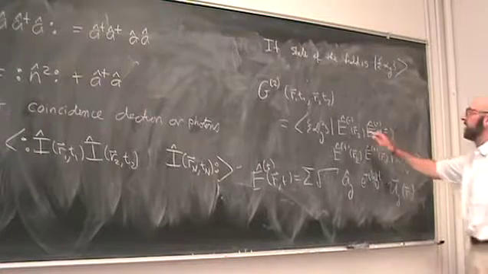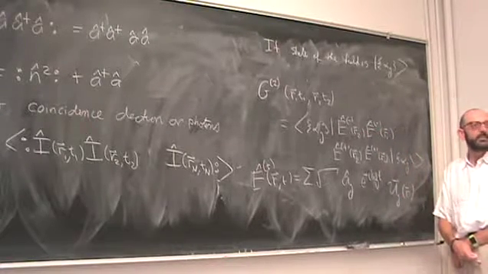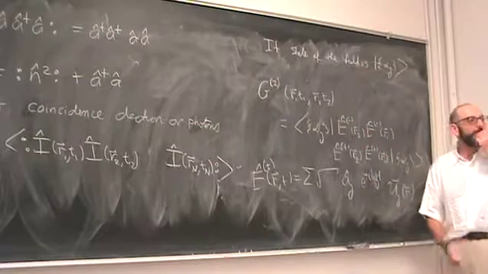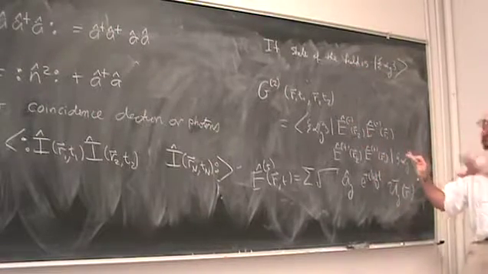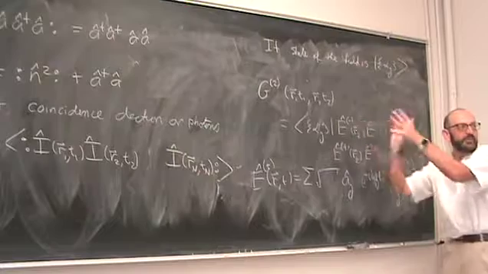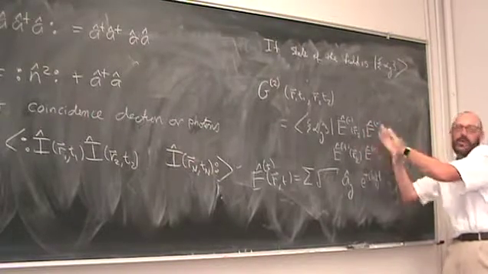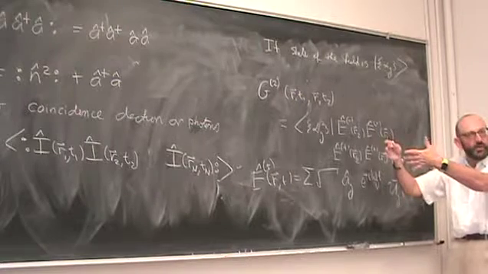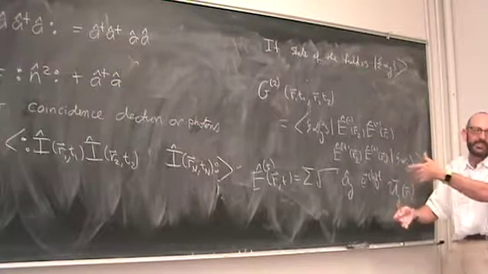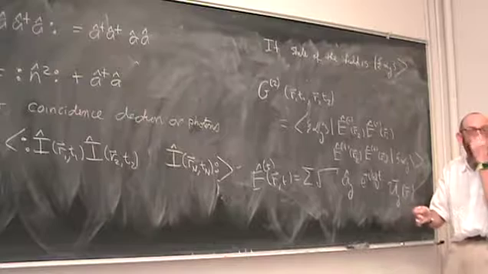What about these guys? It's exactly the same thing. This is what we just did, where we had the A daggers there and the A's here, and they each got replaced, but now in terms of the whole field rather than just a single A or A dagger.